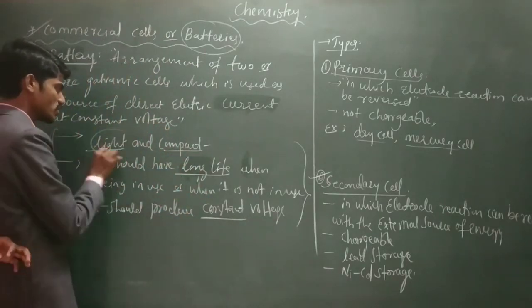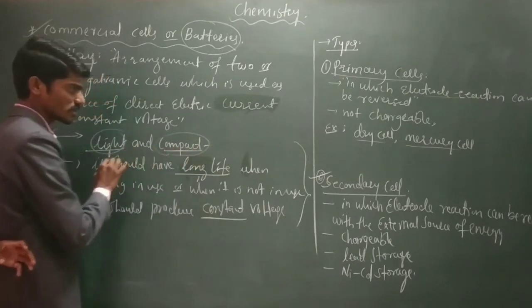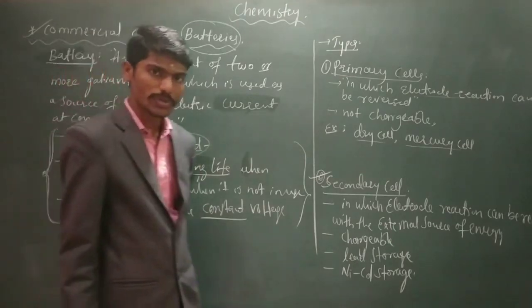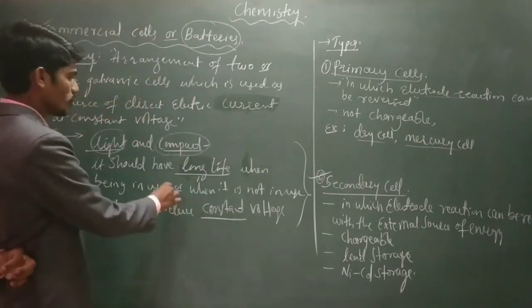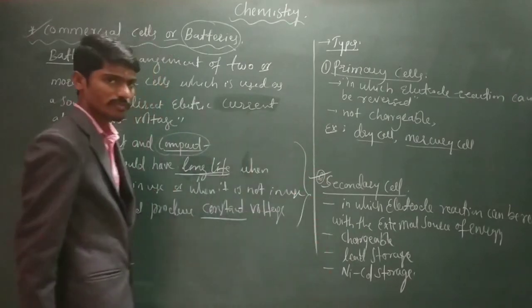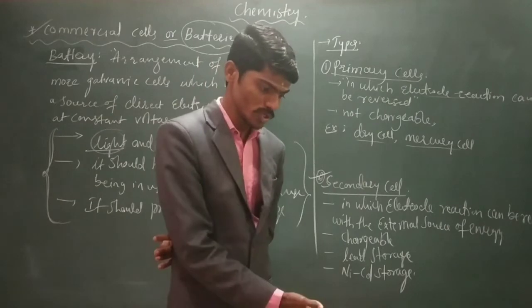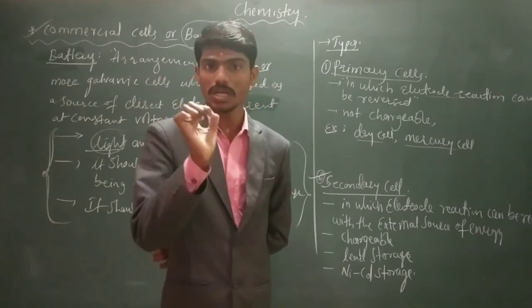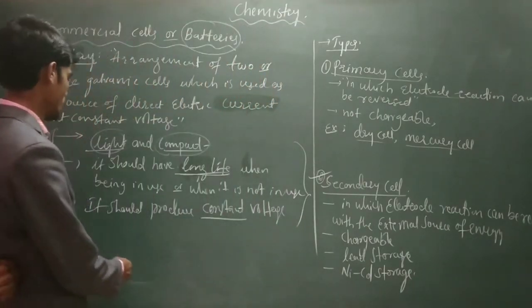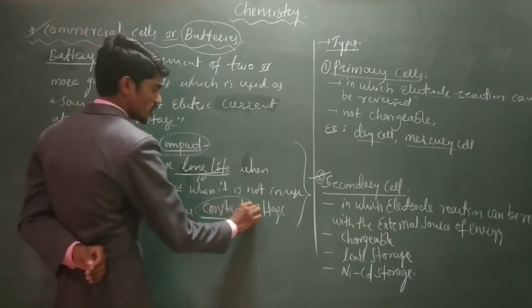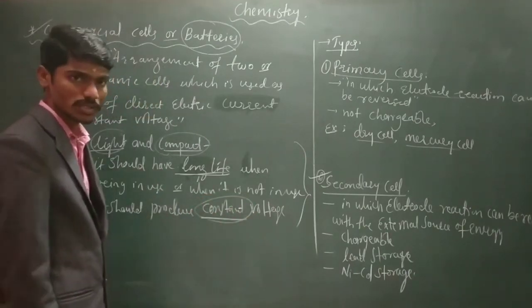They must be light and compact, so they can be easily transported, and it should have a long life, whether in use or not in use. It should produce a constant voltage.